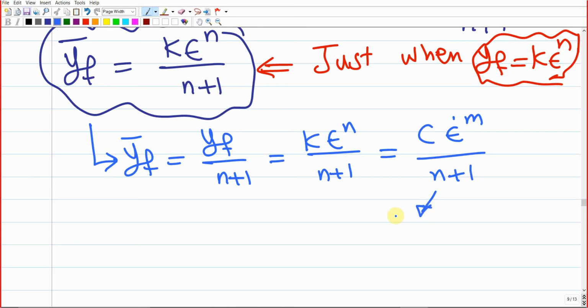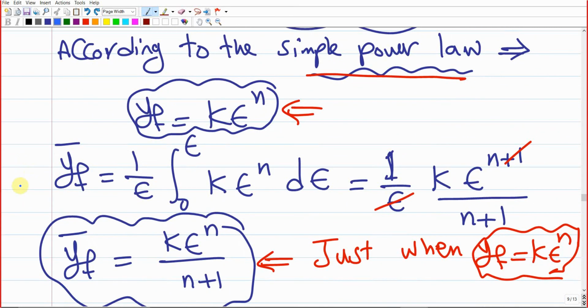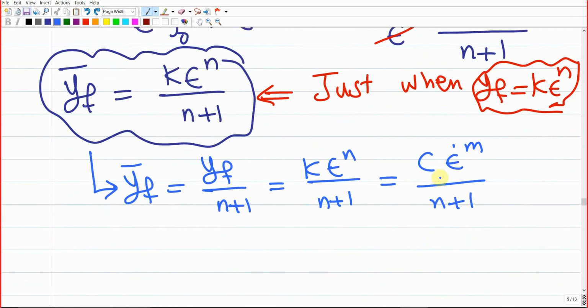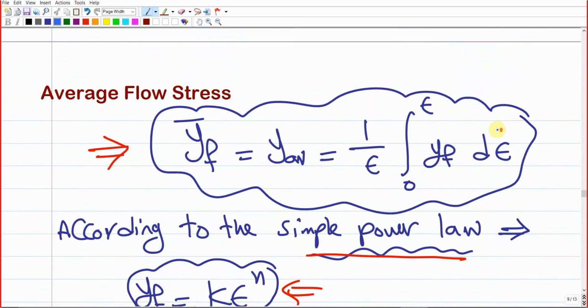You got my point? Only the numerator should change. The denominator is always n plus 1 as long as we define the average flow stress based on the simple power law. Make sense? So this gives us the general form of the average flow stress and how it is related to the flow stress of the material.